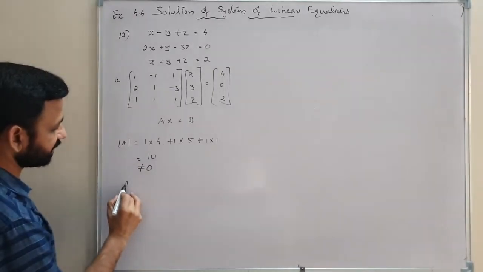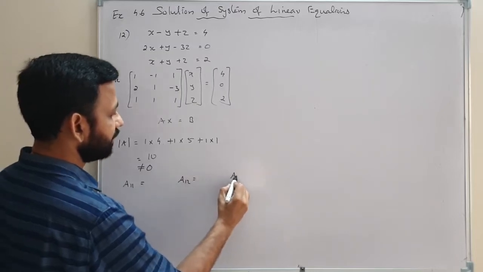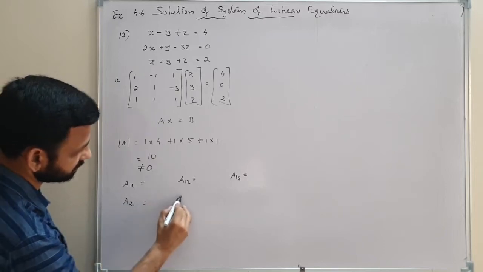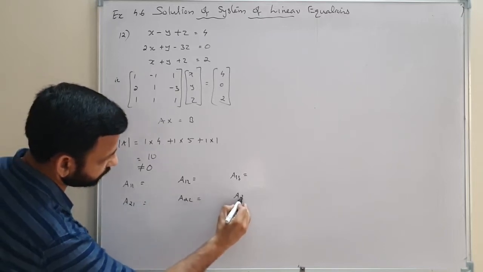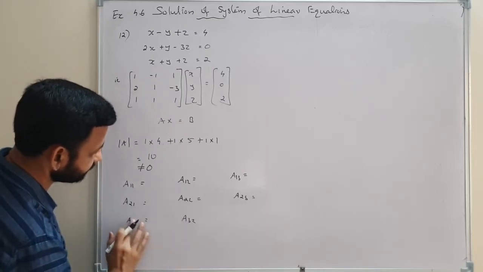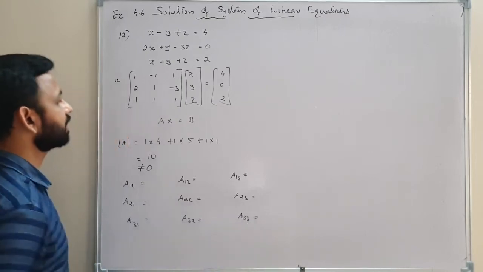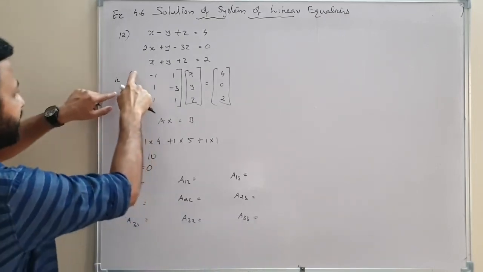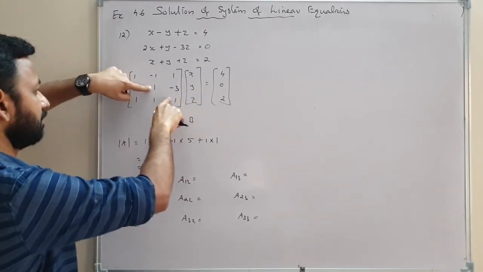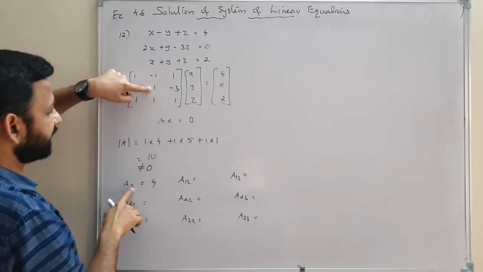Cofactor matrix. So we will find the cofactors A11, A12, A13, A21, A22, A23, A31, A32, then A33. A11, the first element: deleting, 1 into 1 minus minus 3, that is 1 plus 3, that is 4.